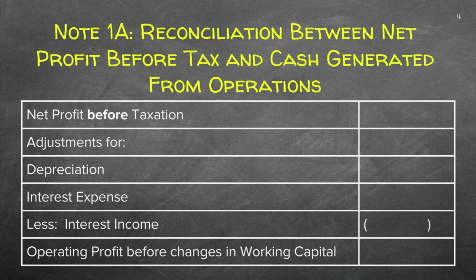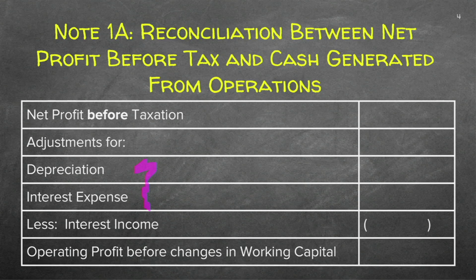Here is the actual little reconciliation statement before tax and cash generated from operations. You will remember that we looked at depreciation and our interest expense, and we said that they were imputed expenses, which in our income statement presented as though they were expenses which had been paid for.